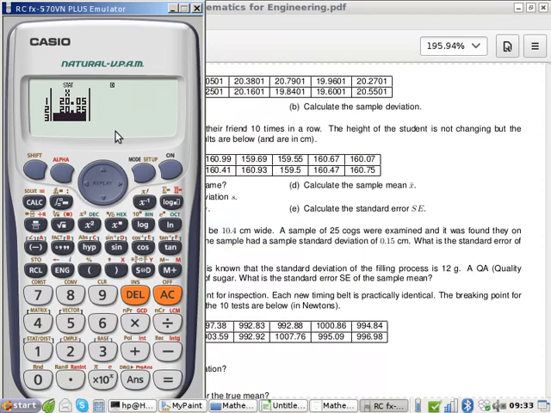Right, next one is 20.3801, 20.1601, 20.7901, 19.8401, 19.9601, 19.6001, 20.2701, 20.5501.